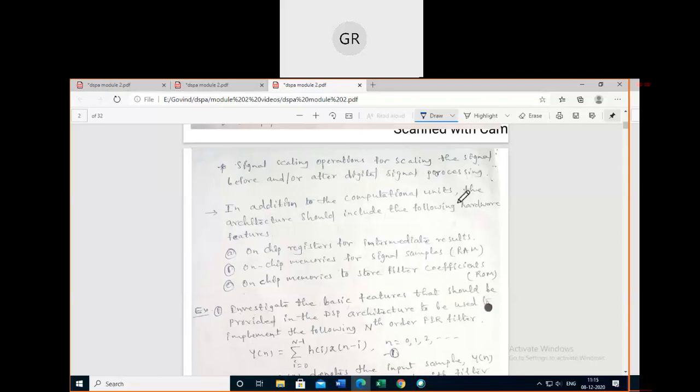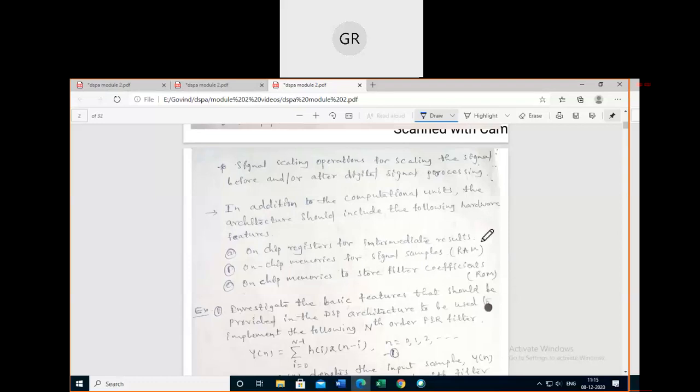In addition to the computational units, the architecture should include the following hardware features. What are those? On-chip registers for intermediate results. During DSP processing, some data can be reused.